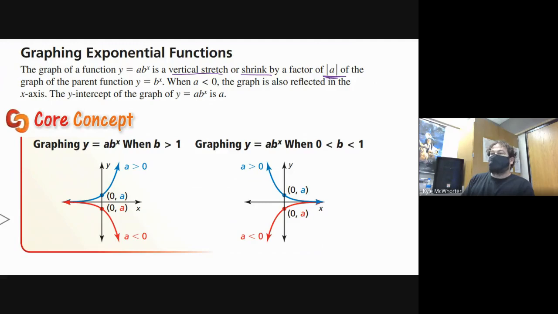If a is bigger than 1, it's going to stretch it out, make it taller. If a is smaller than 1, it's going to shrink it and make it shorter. If a is negative, the graph is below the x-axis, and if a is positive, the graph is above the x-axis.